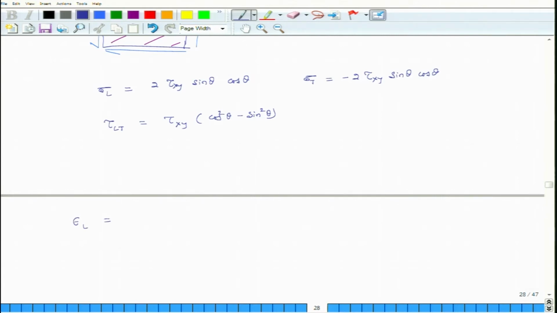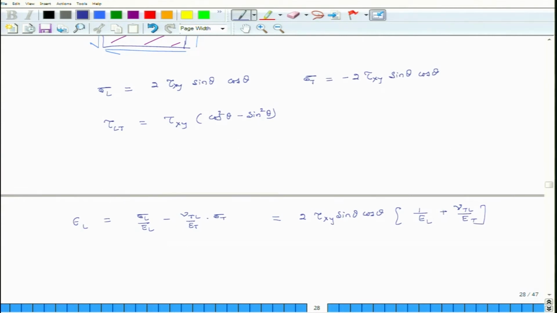Epsilon L is what? Sigma L over EL minus nu TL over ET times sigma T, and from this we get 2 tau xy sin theta cosine theta in parenthesis 1 over EL plus nu TL over ET.